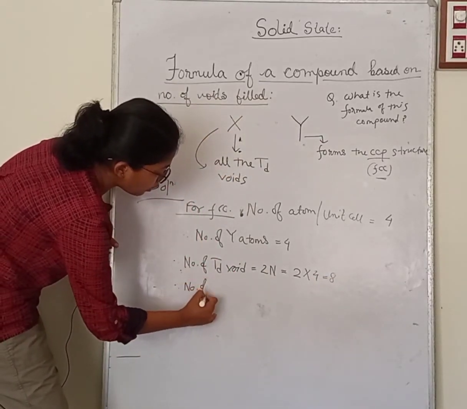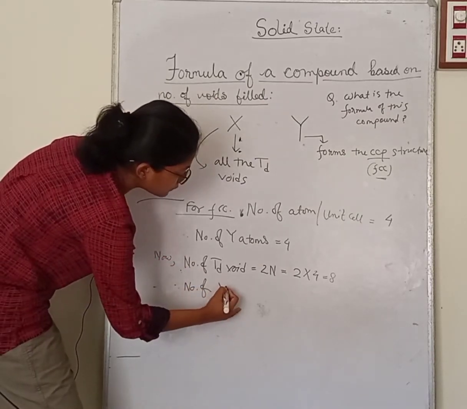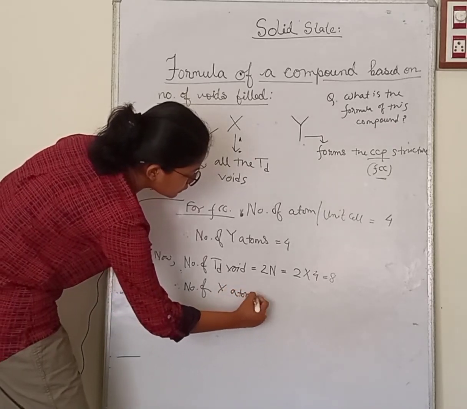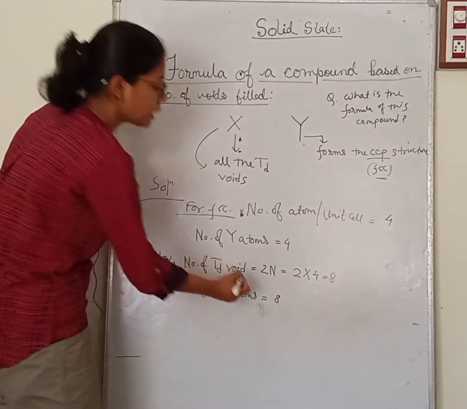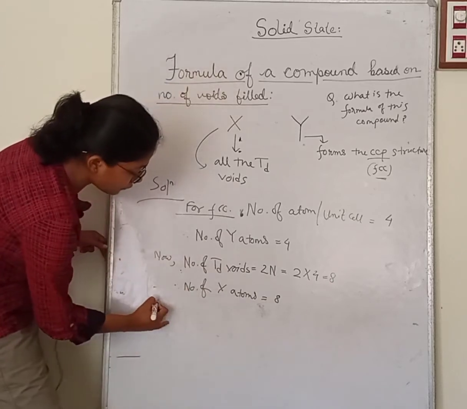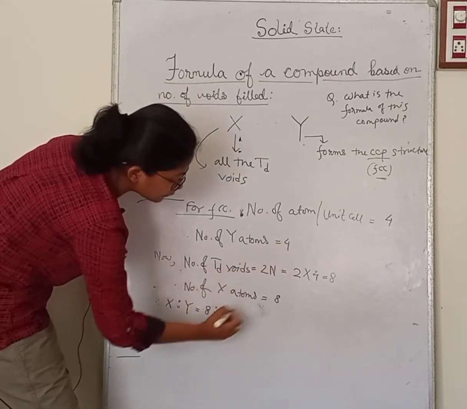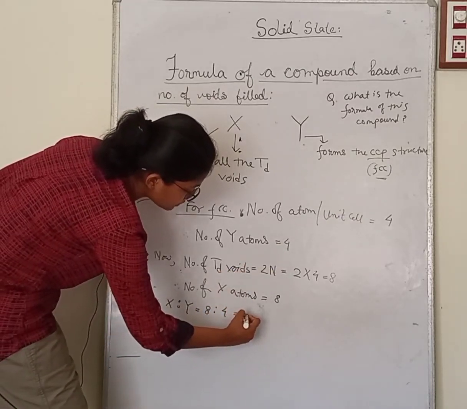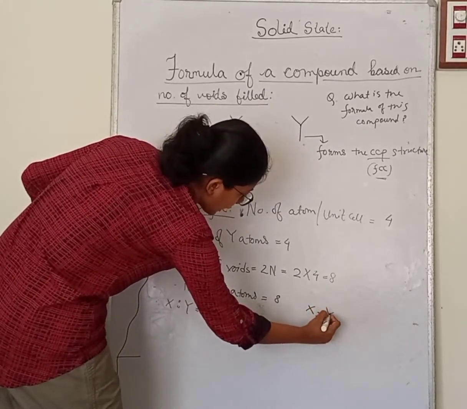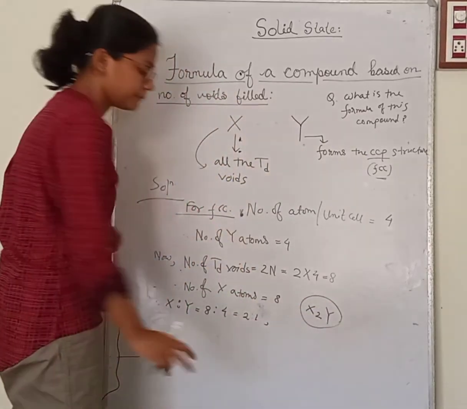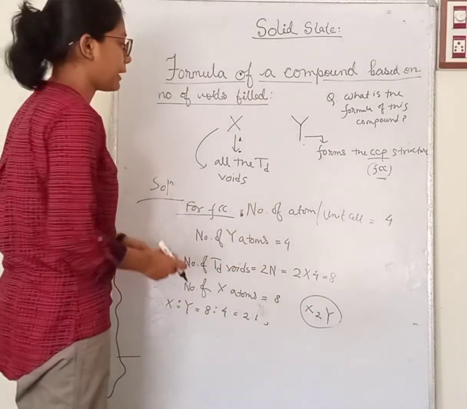Therefore the number of X atoms is 8. So X to Y is 8 to 4, which is equal to 2 to 1. So the formula is X2Y.